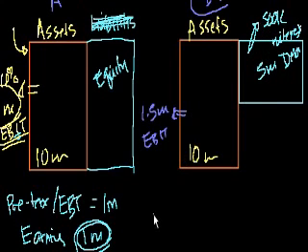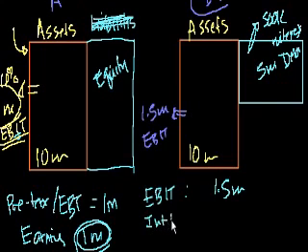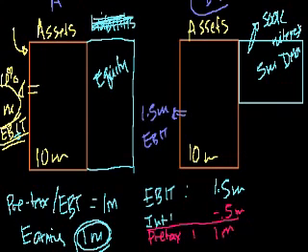So let's do the bottom part of his income statement. His EBIT, his earnings before interest and taxes, is $1.5 million. But then you subtract out interest, minus $500,000. And so his pre-tax earnings are going to be $1 million, right? Essentially, these are the equity holders' earnings before paying tax.